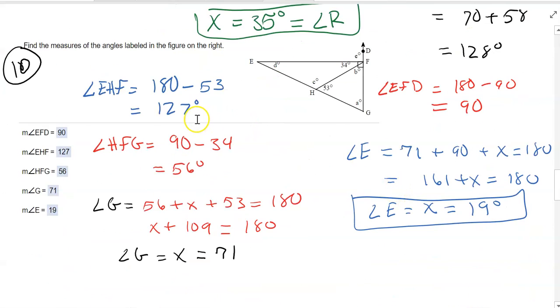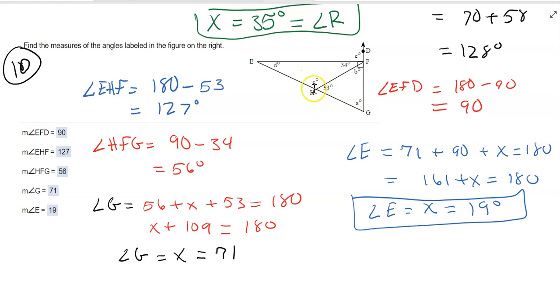In the last one, we see we're going to do angle EFD. EFD is right here. We see that it is a linear pair here and that it is equal to 180 degrees minus 90, which is 90 degrees. And then here we see EHF is equal to 180 degrees minus 53.